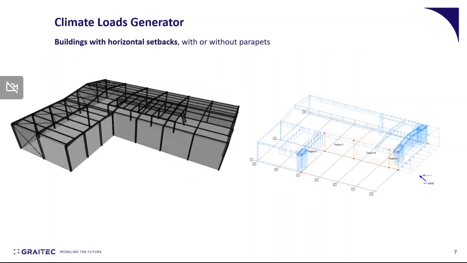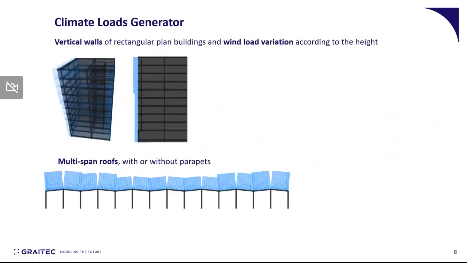It can deal with buildings with horizontal setbacks, with or without parapets. Vertical walls can be used as well and can be identified by the climate load generator, and the wind load variation can be calculated on those structures as well.